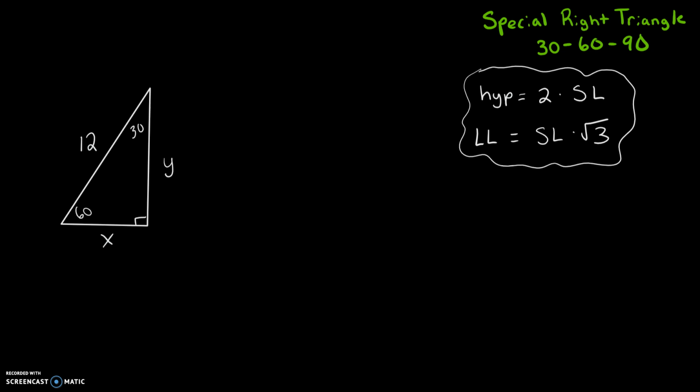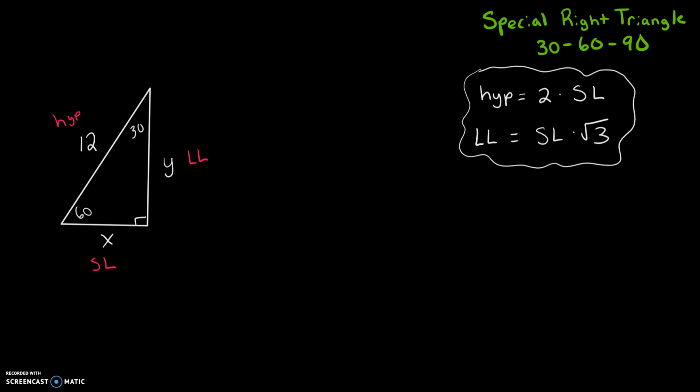So, if I'm doing the hybrid method, just so I do not get tripped up, I am going to label all of my sides hypotenuse, short leg, or long leg. So I know opposite of 90, this is the hypotenuse. Opposite of 60 is the long leg, and opposite of 30 is the short leg. And now I can just plug these values into the formula.